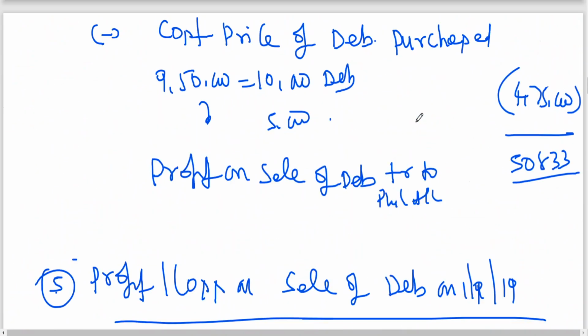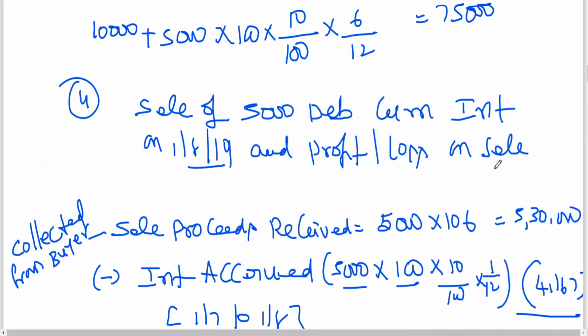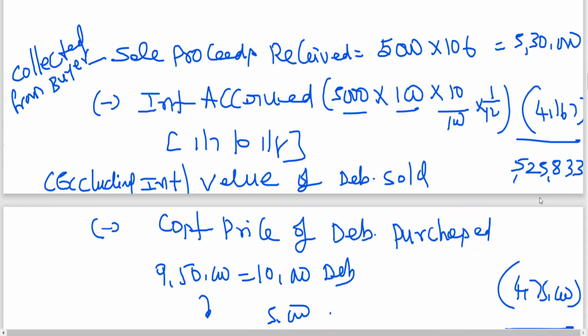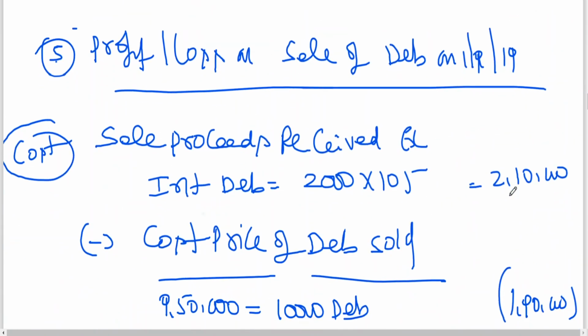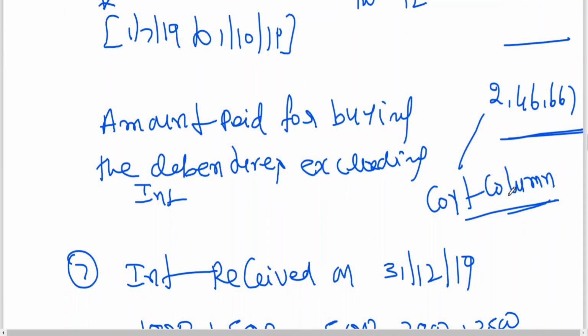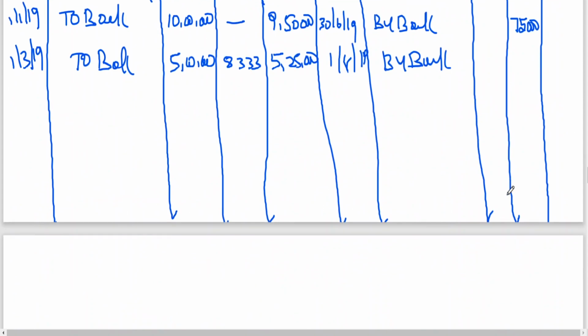1st August, what is the amount that has been received? 5,25,833. 5,25,000. Five lakhs 25,833.